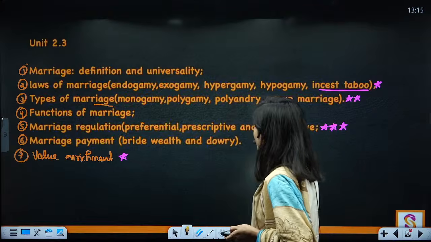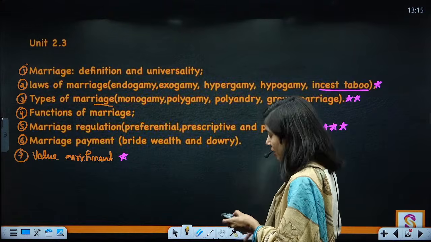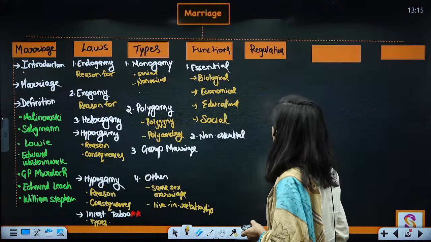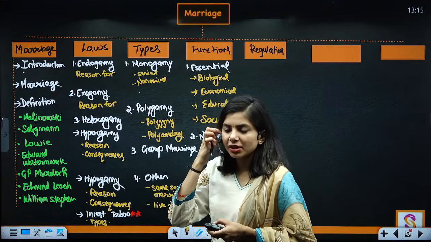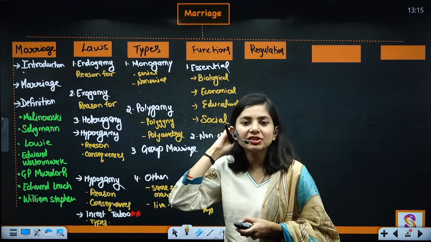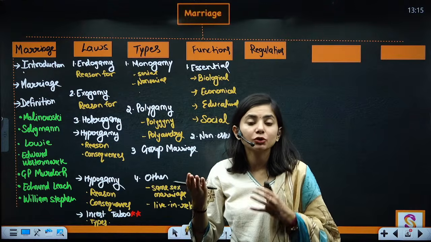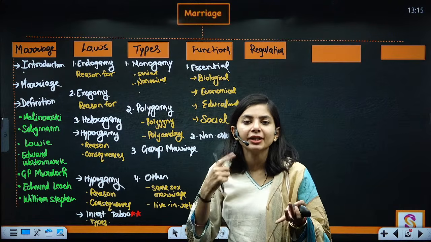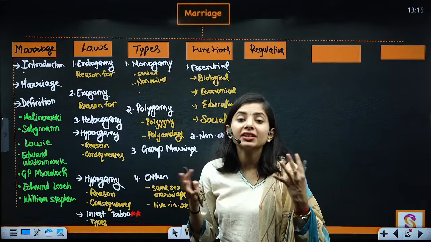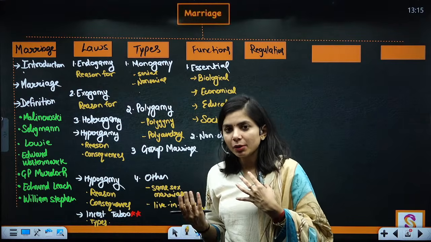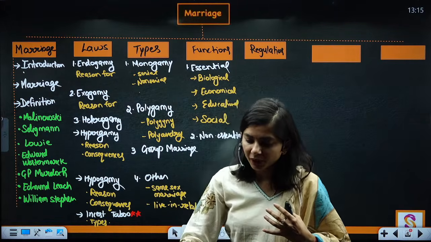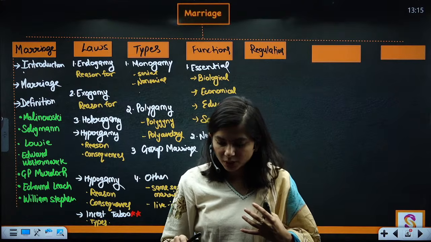Regulation means the form only: preferential, prescriptive, proscriptive. So under the prescriptive, we have to write down exogamy, endogamy, what are the reasons for their prevalence, and what are their unique forms. So this is what we have to specify.